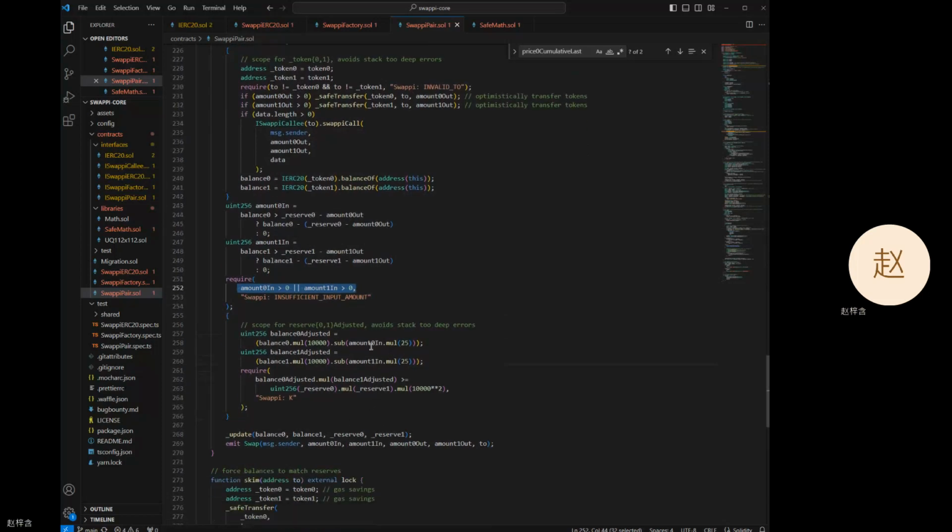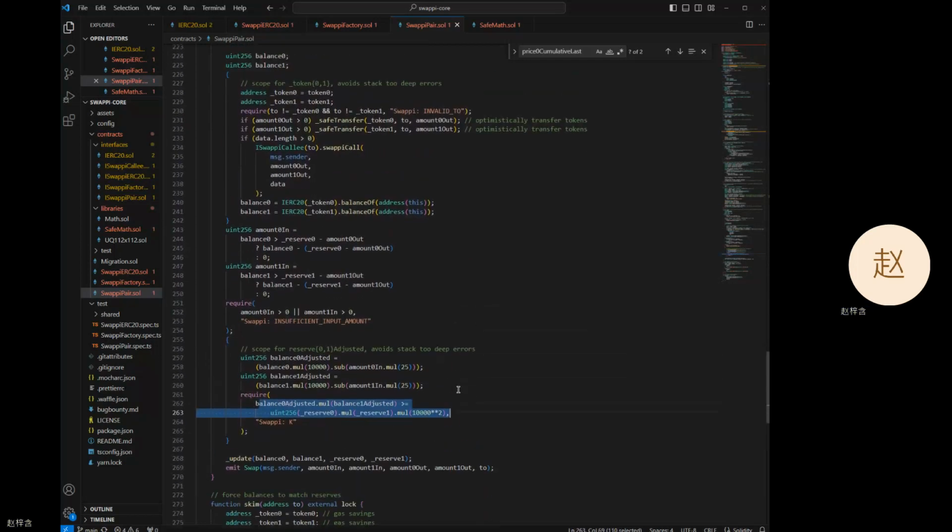And then here we calculate and subtract the swap fee, and in Swappi there is a 0.25% swap fee. So here it just does the deduction. And here is the important one.